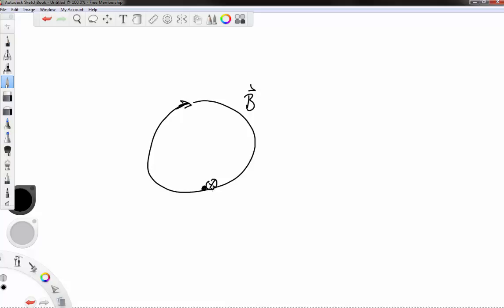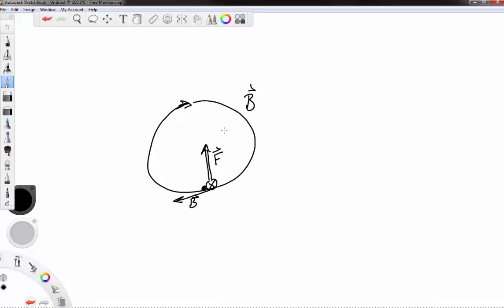So right here, the magnetic field is locally in this direction. Point your fingers of your right hand towards the magnetic field, point your thumb down into the page, and you'll notice that the palm of your hand is going to be facing towards the middle of the circle, and that's true no matter where you place this. So this is the direction of the force.